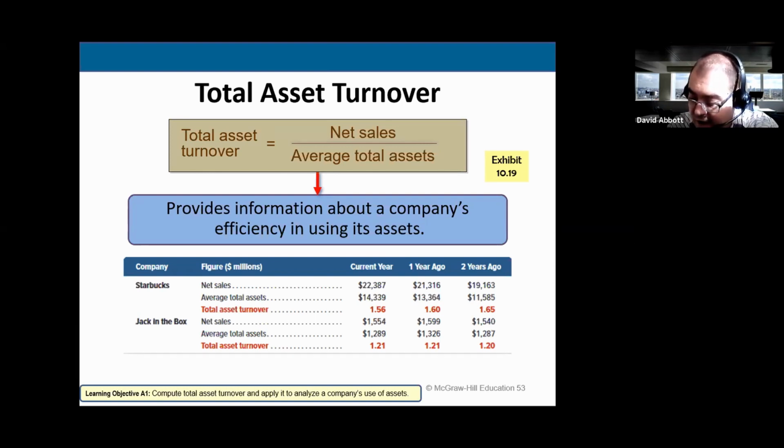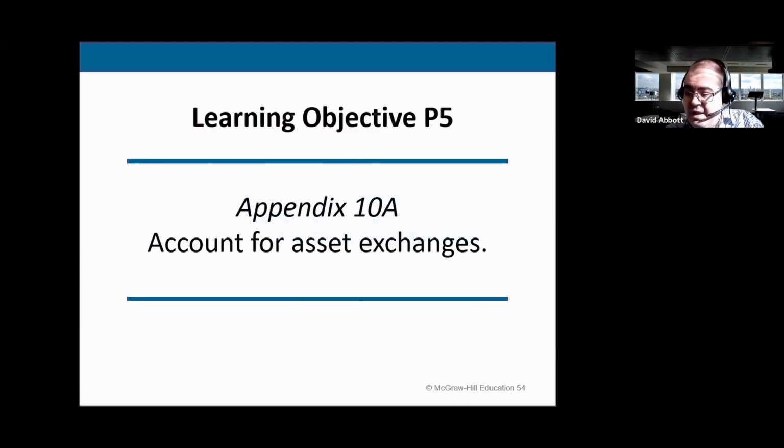Starbucks' turnover is higher than that of Jack in the Box. However, Starbucks' total asset turnover decreased over the last 3 years. To maintain a strong total asset turnover, Starbucks must grow sales at a rate equal to or higher than its total asset growth.